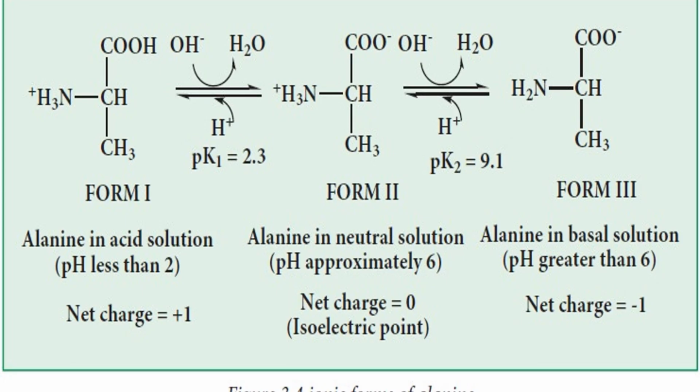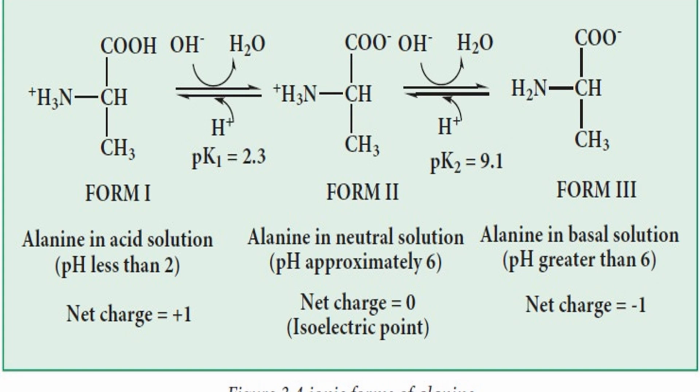Form 2 is the isoelectric form at a pH of approximately 6, and at the pK points forms 1 and 2, or forms 2 and 3, are 50-50.